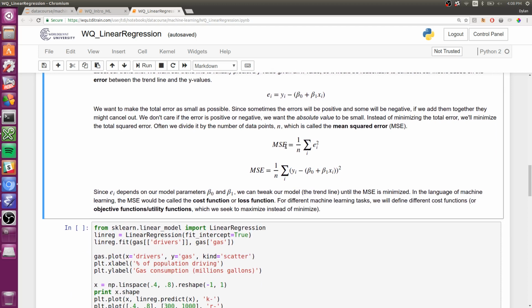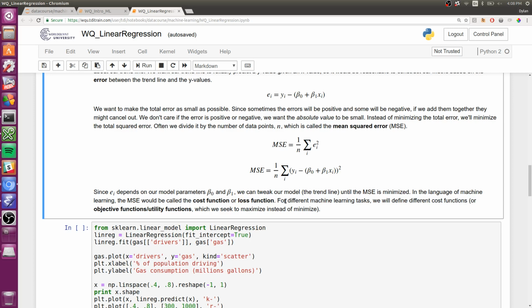Often in machine learning, when we want to minimize some quantity that is a function of our model parameters, we will call that quantity the cost function or the loss function. So we want to minimize the cost or minimize the loss in many machine learning tasks.